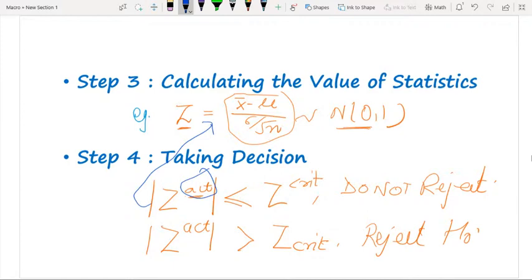So if Z actual is less than or equal to the critical value of Z, we fail to reject the null hypothesis, and if the absolute value of the actual Z that we calculate is greater than the critical value of Z, we reject. The critical value of Z can be found from the normal table.